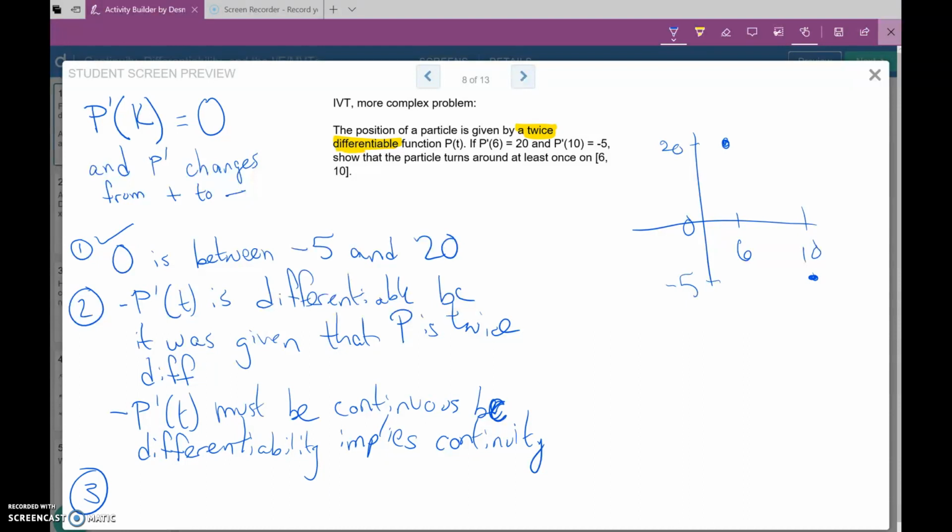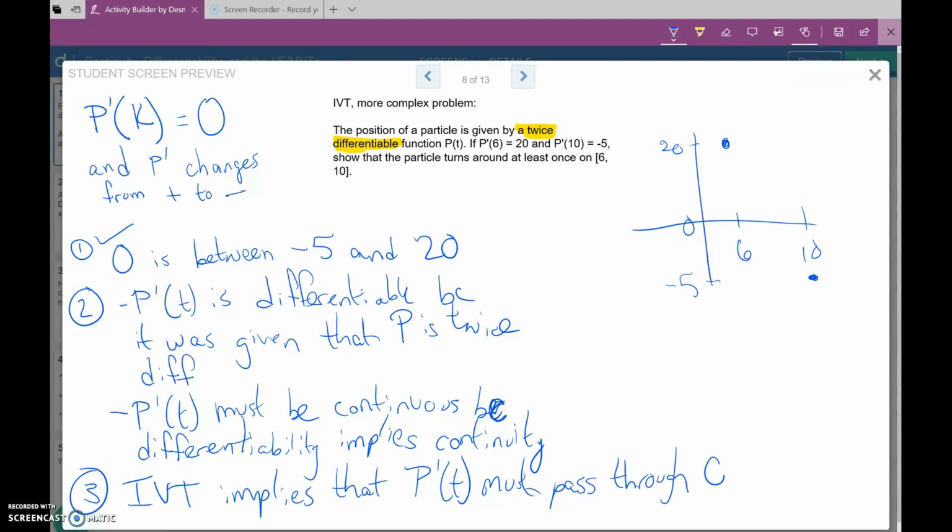Therefore, the intermediate value theorem says that p prime must pass through 0 somewhere between t equals 6 and t equals 10, which means that it has to have a turning point.